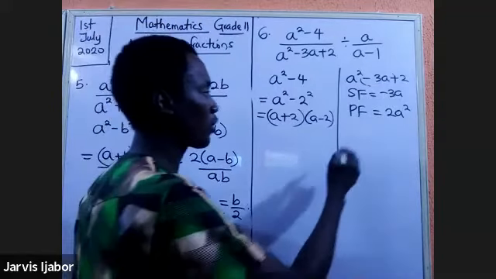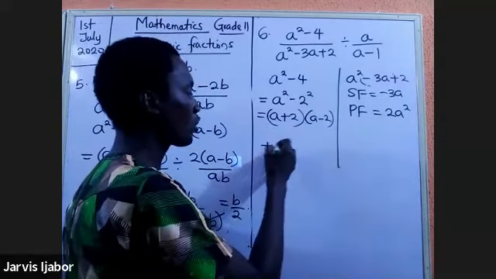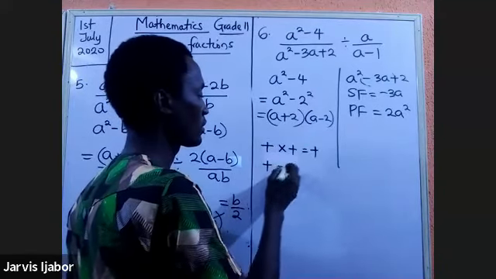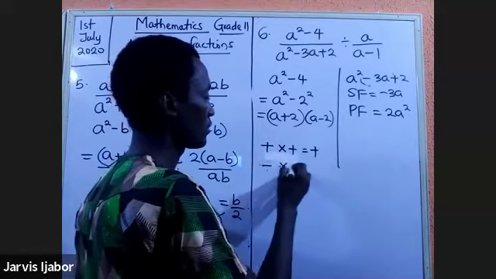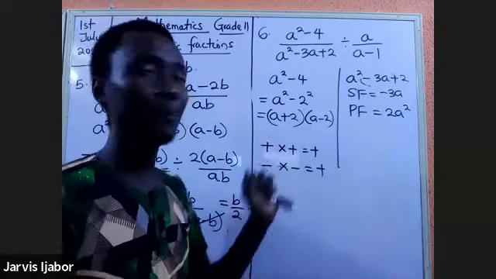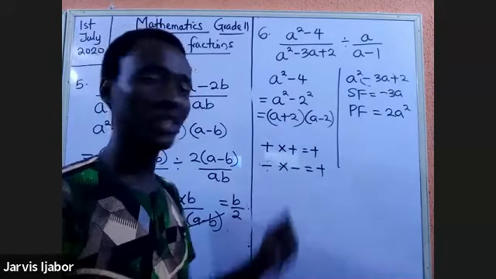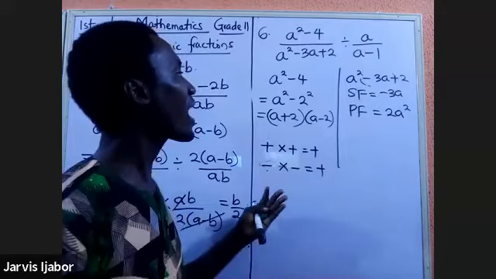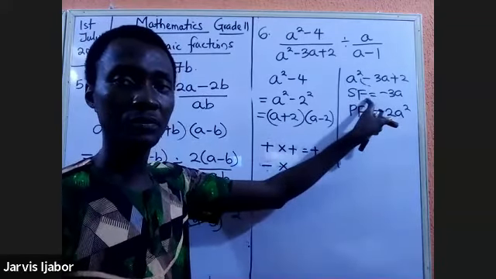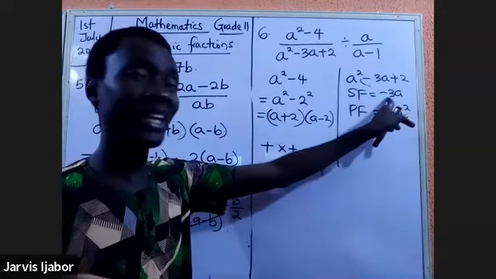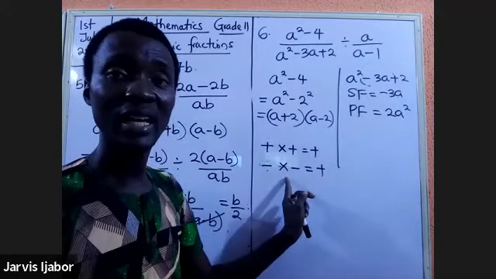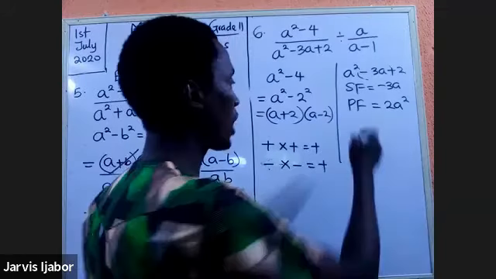You may need to recall that there are two conditions for which we can get a positive product. For you to have a positive product, you must have either both positive or both negative. To further help you know which one to pick, you look at your sum of factors. I'm having a negative here, so the factors I need must both be negative.